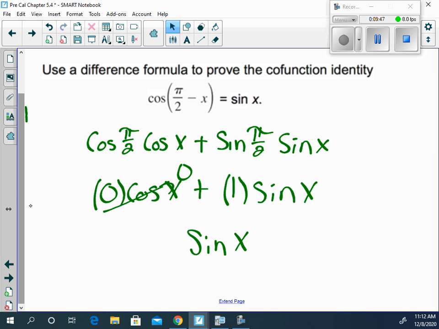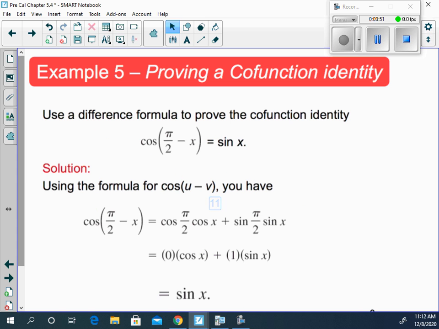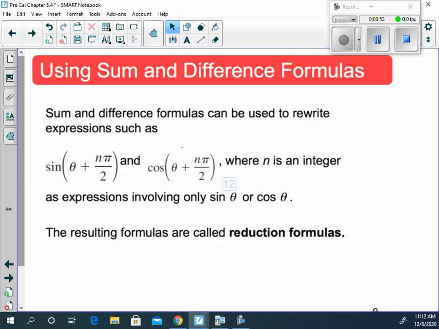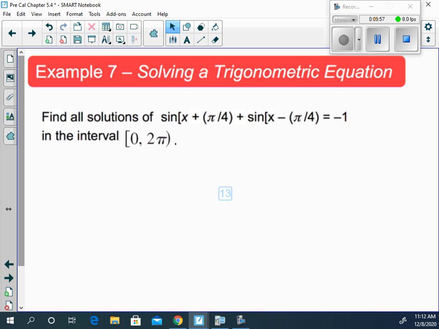Questions on this here so far? Sum and difference, sine of theta. Now, we can also use this for solving some equations like this here.